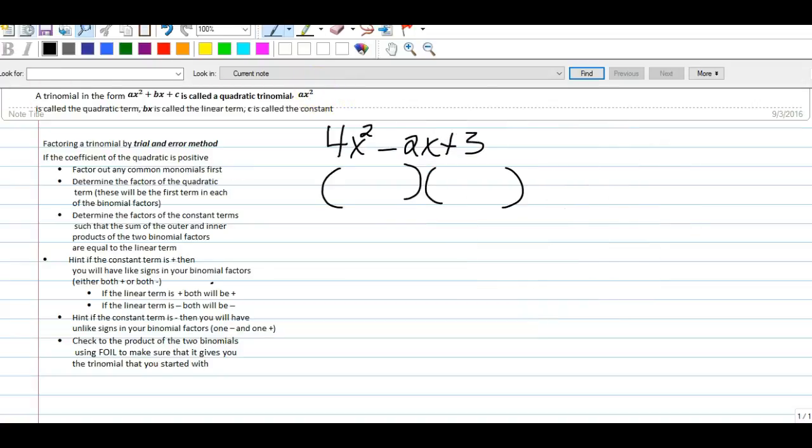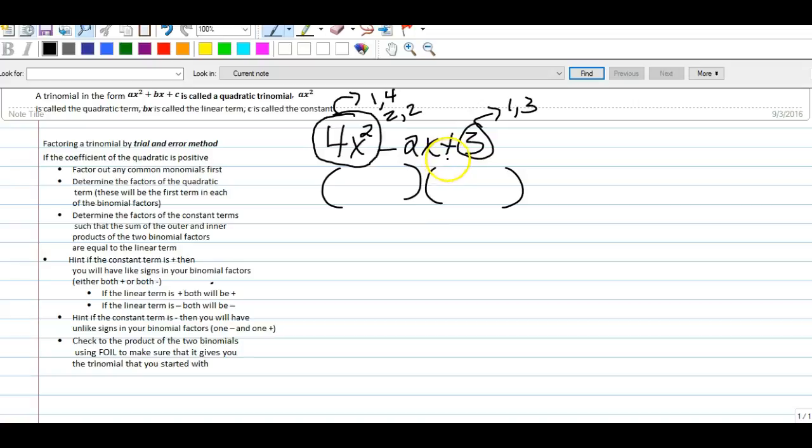Final example on factoring quadratic trinomials. And again, we're going to look at the various factors of the quadratic term, 4x squared, which would be 1x and 4x, and 2x and 2x. And the factors of 3, well, we only have 1 and 3, so that's not going to be too terribly difficult to break down.